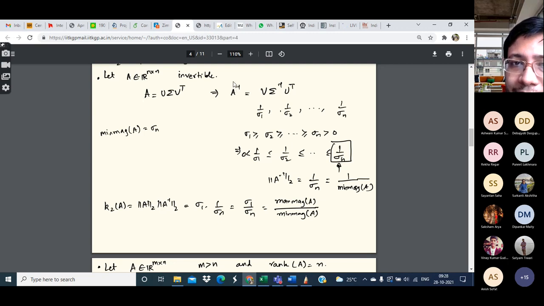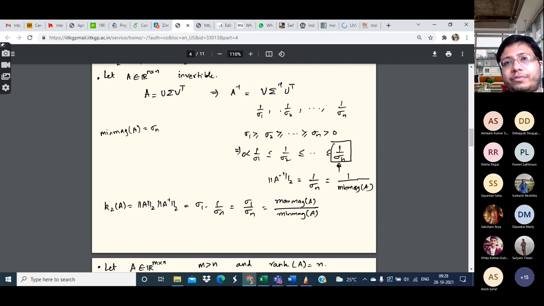Although I have inverted A, earlier U were the left singular vectors of A and V were the right singular vectors of A. But now V are the left singular vectors of A inverse and U are the right singular vectors of A inverse. That's the only change that has happened, but V and U continue to be singular vectors.